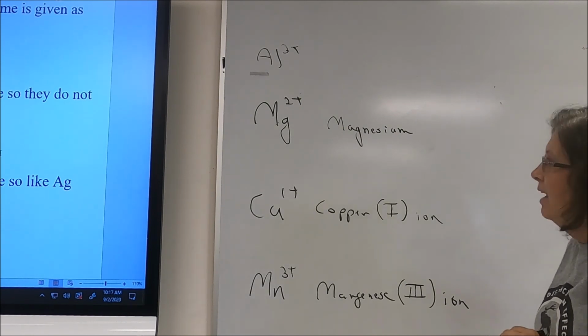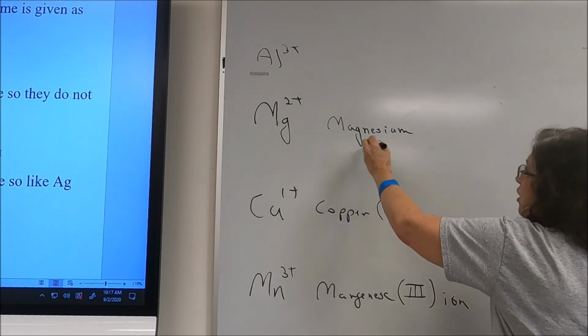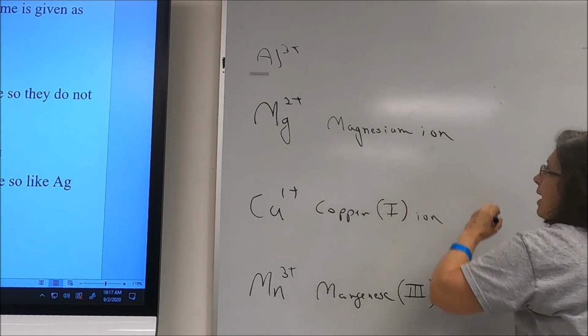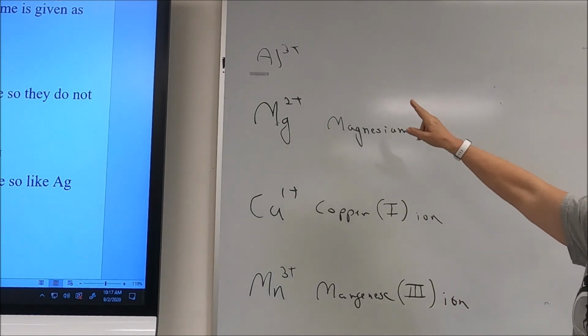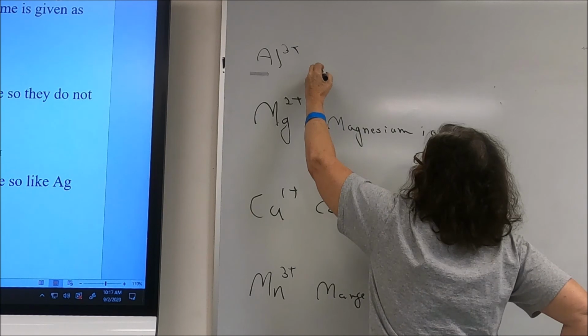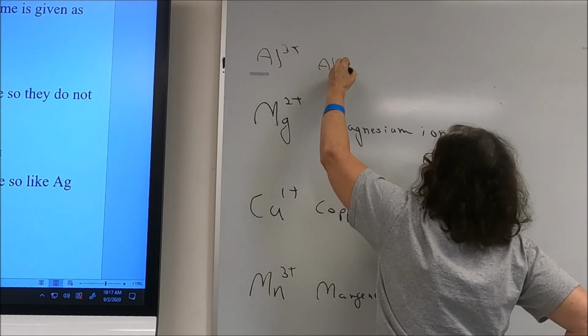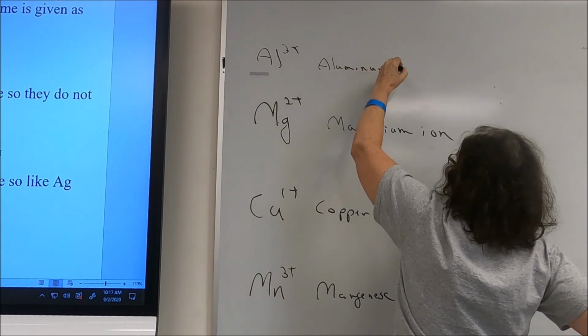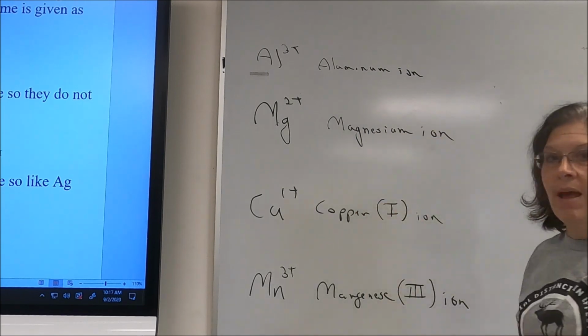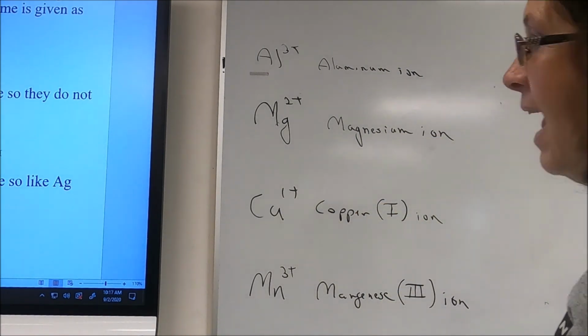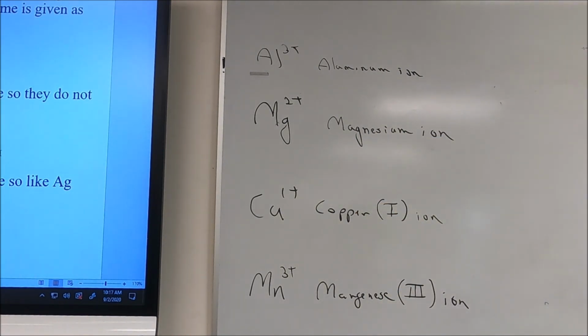It's in the second column. So I'm just going to say magnesium ion. And aluminum is a poor metal, but it only has one charge state. So that's called the aluminum ion. Okay? Now it takes practice, but you can do it.